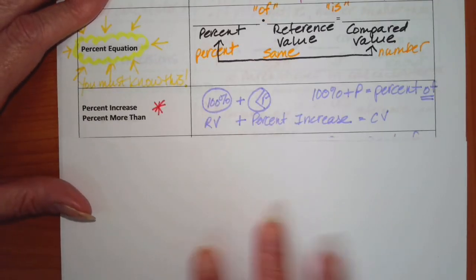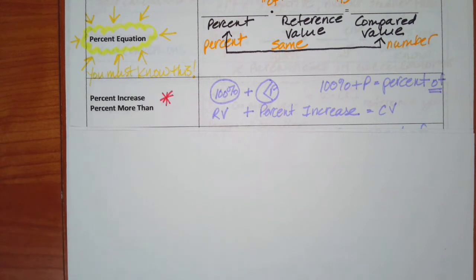Then we talked about percent increase and decrease, or percent more than. If the non-member fee is 20% more than the member fee, or if something increased by 10%, or it increased by $3, or whatever the situation is.